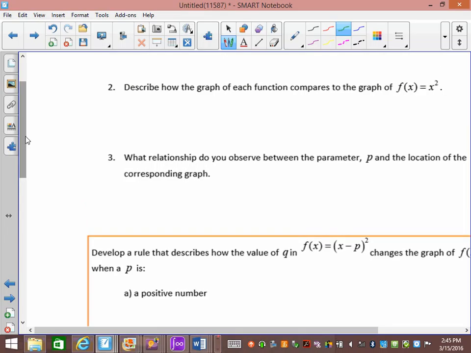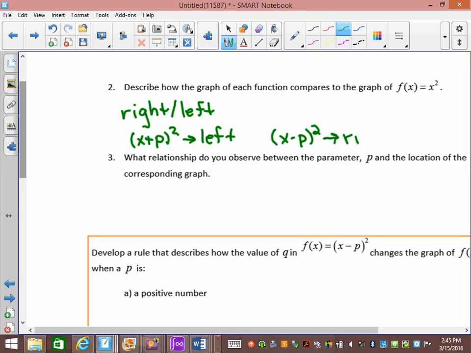Describe how the graph changes. It moves right or left, basically. If it's (x plus p) squared, it moves left. If it's (x minus p) squared, it moves right.